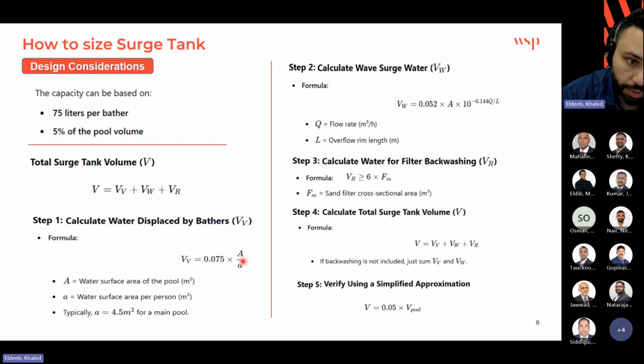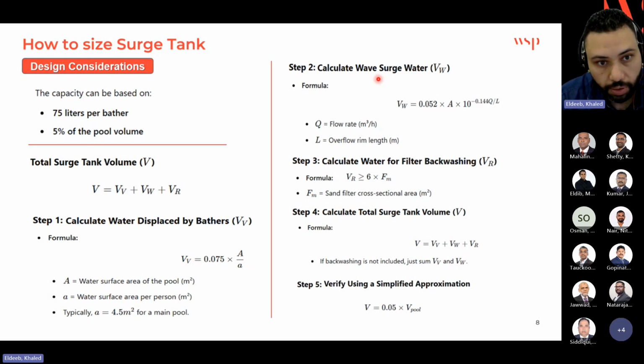We can get the number if we divide the area of the pool by the surface area for every individual. This gives the number of people swimming at the same time, times 75 liters, which gives the whole volume displaced by the swimmers.